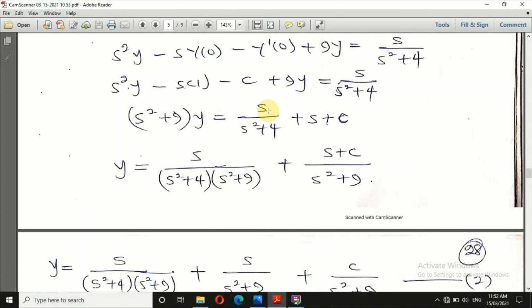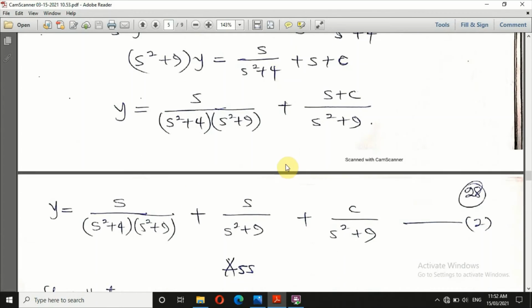So this will now give me what we obtain if we find the LCM. What is next is that we can break this fraction down to give me s over s squared plus 9, which is this one, plus c over s squared plus 9, which is this one, equals to 2.